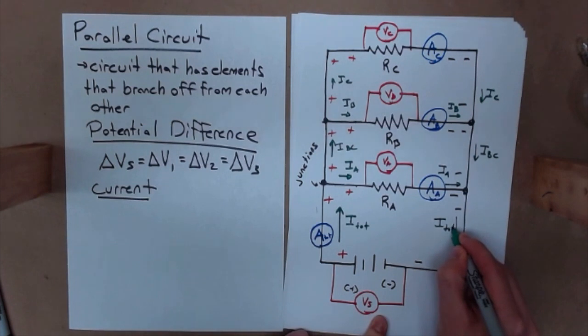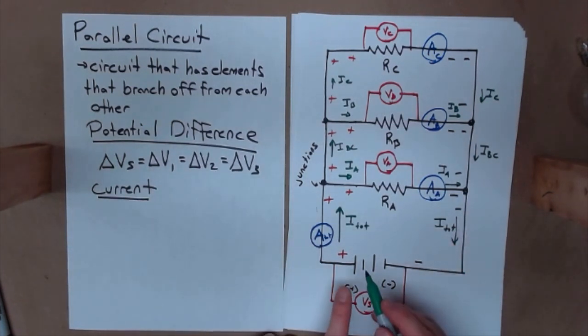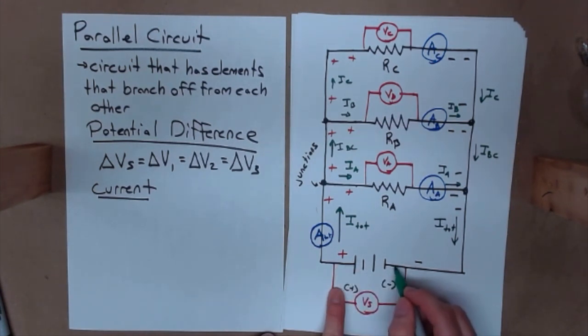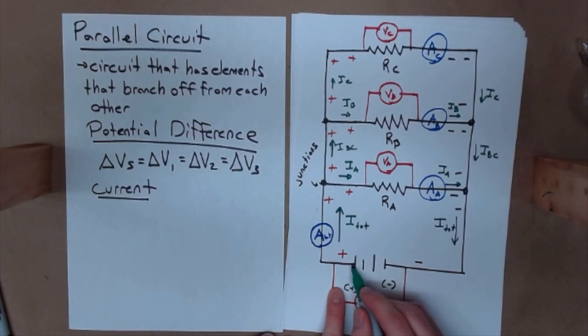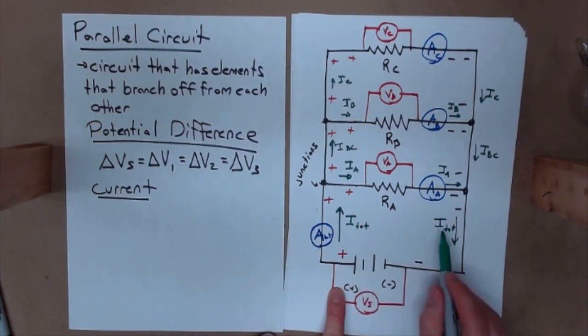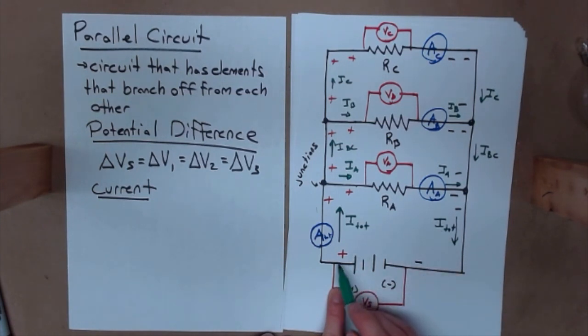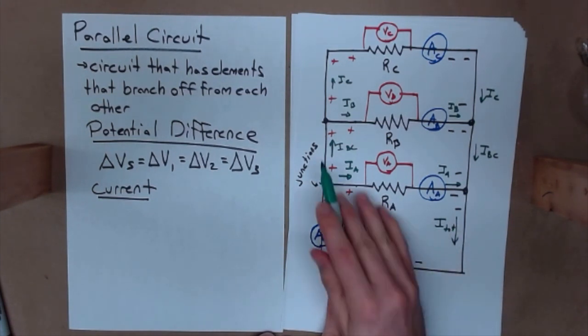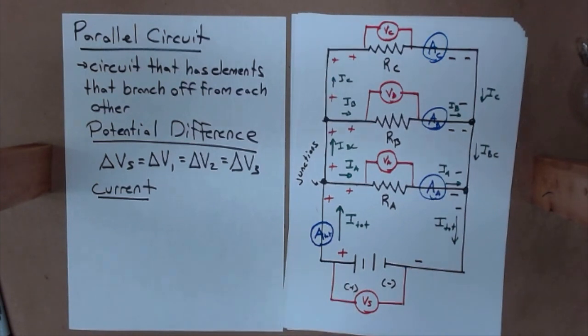And so let's recall, for every charge that goes out of a battery, a charge goes into the battery, which means the current out of the battery has to be equal to the current into the battery. And that's exactly what we're seeing here, right? This total current is breaking up, recombining, and then coming back into the battery.